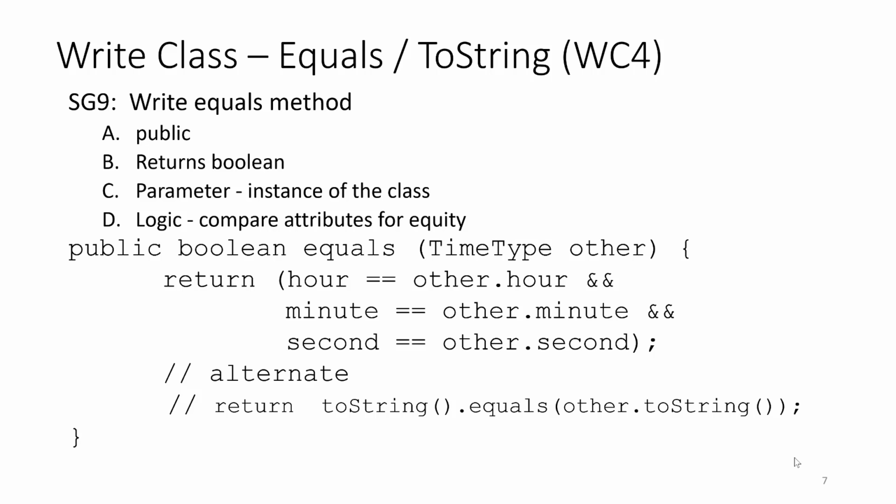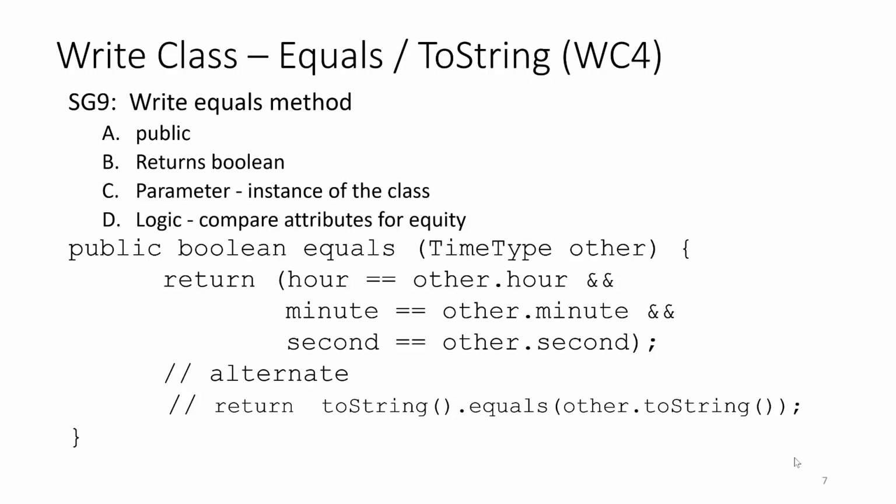Hence we have hour equal other.hour. Then we do the same thing for minute and second. Notice if they are all equivalent, then the logic will be true and the expression and method will return a value of true. If any of them are different, the method will return false.